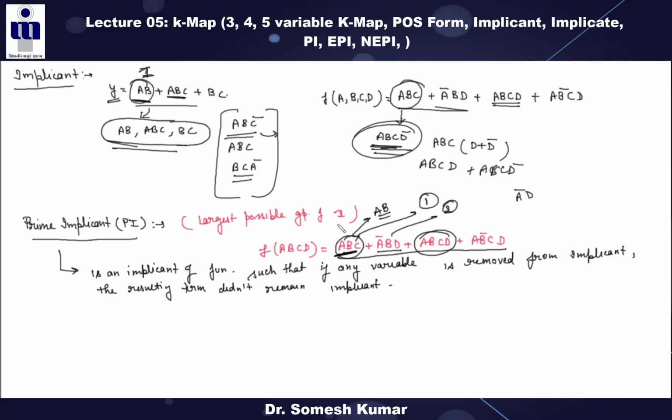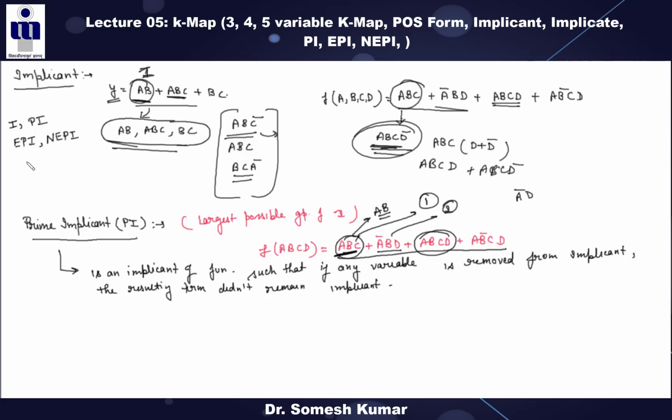If you take all these points as per this theoretical statement, it takes a lot of time. By using the K-map you can directly find how many implicants are possible, which are the prime implicants, which are the essential prime implicants, and which are the non-essential prime implicants.